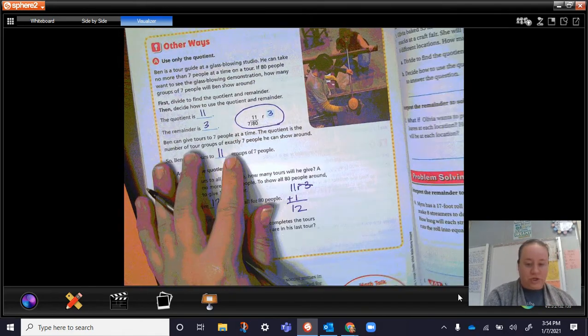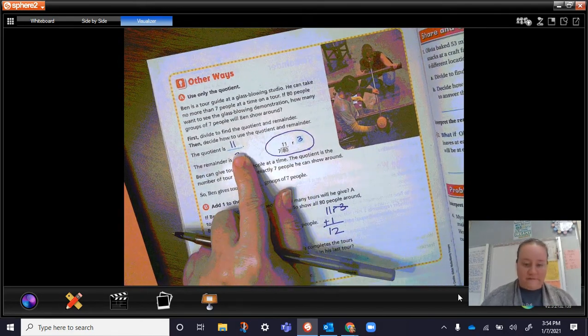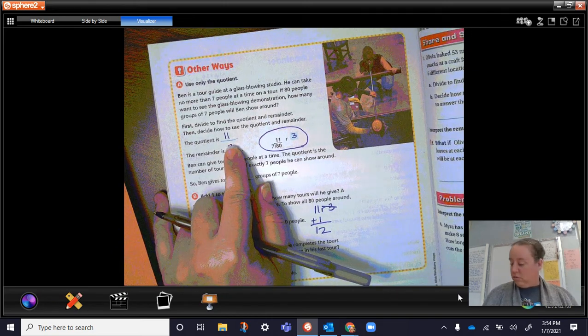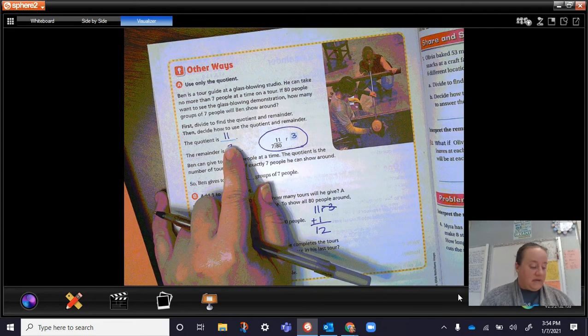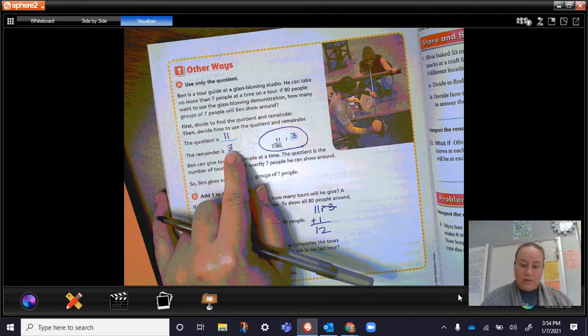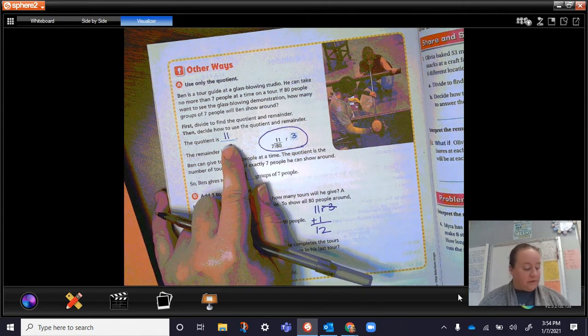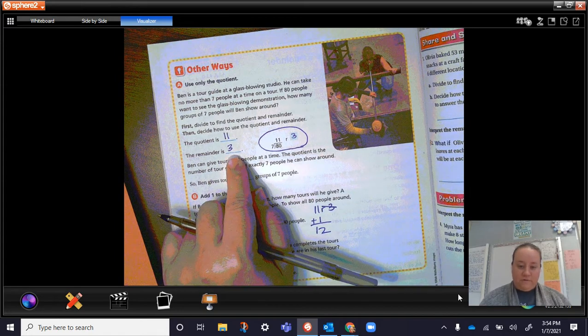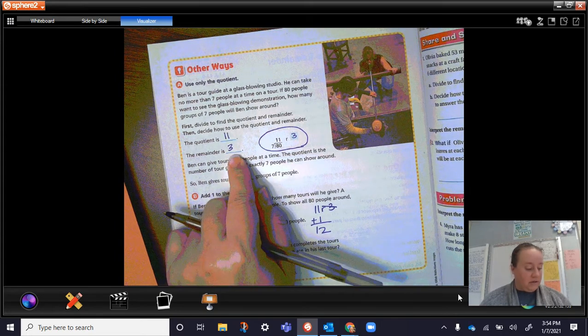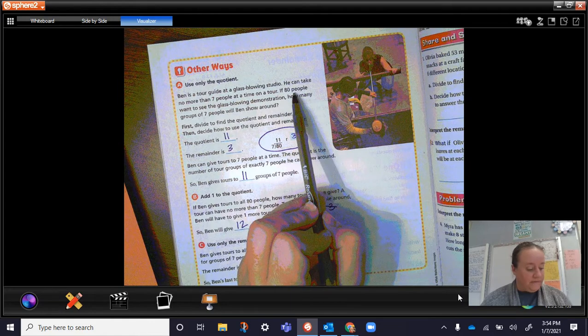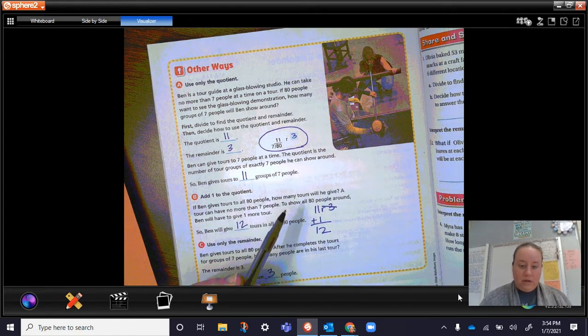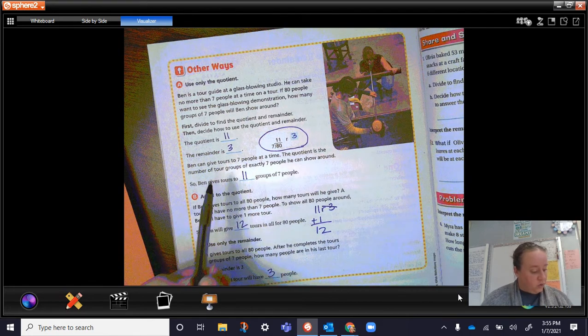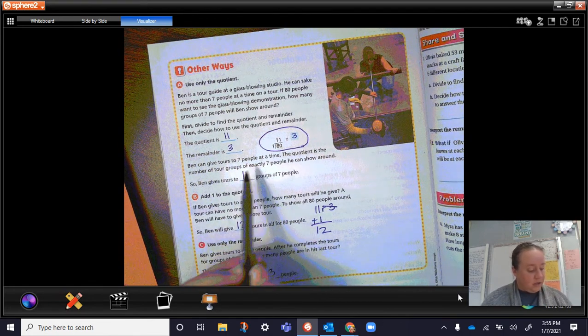So the quotient here, we were able to make 11 groups because 11 times 7 is 77. So we were able to make 11 equal groups of 7. The remainder that's left over after that 77 is 3, because 77 plus 3 more would give us our 80 people.